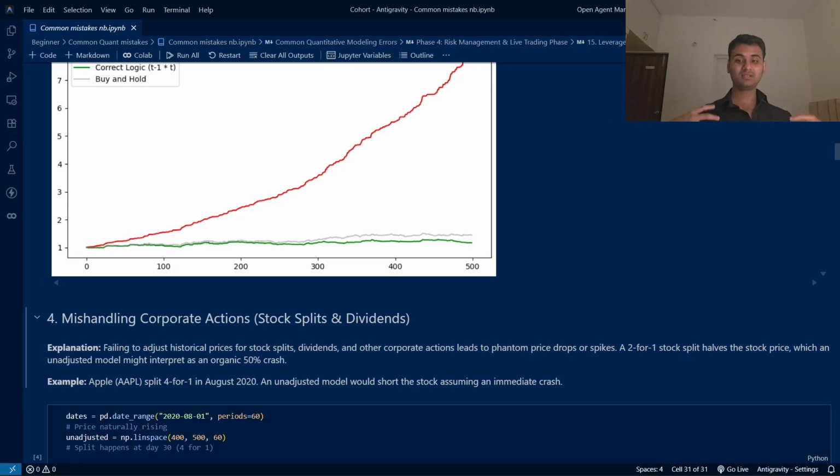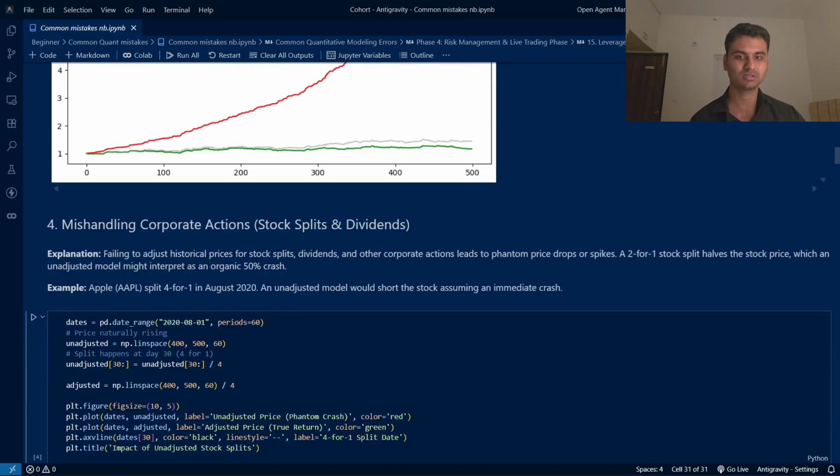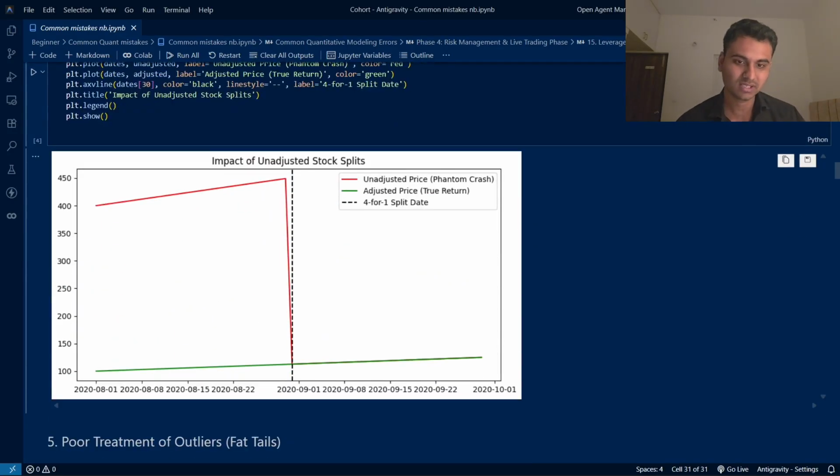It will see a phantom crash that didn't actually happen. There was a stock split, right? So here the Apple stock was trading at 400, 450, and then all of a sudden crashed. But it didn't actually crash. This is a phantom crash. We have to ensure that we use adjusted stock prices.